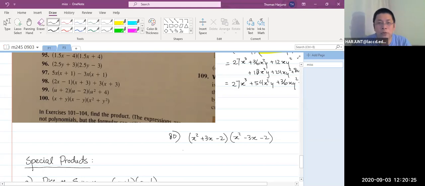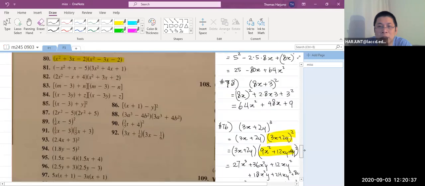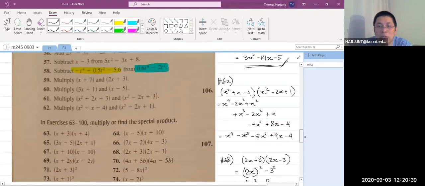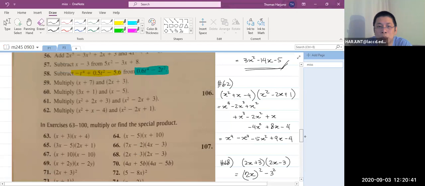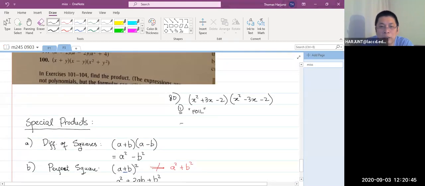Okay, so the first way is basically to quote unquote FOIL it, the way we did the previous number 76, or the way we did number 62. But I want to show you more though. The second way has something to do with the pattern of these two polynomials.